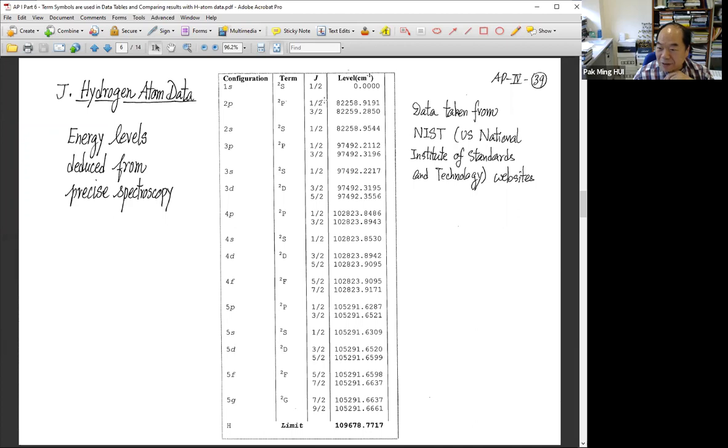According to Dirac's relativistic equation, it only depends on n, same 2, and J. Are they the same? Pretty good, right? The first 6 digits are the same. It is off by 0.04, maybe 0.03 something centimeter inverse out of 82,000 wave number.